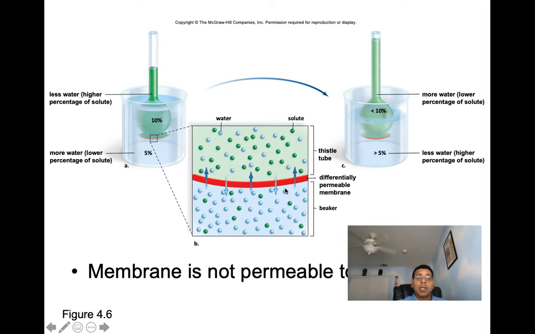The solute does not diffuse out of the tube because the membrane is not permeable to the solute. It's selectively permeable, so selectively permeable to just the water.